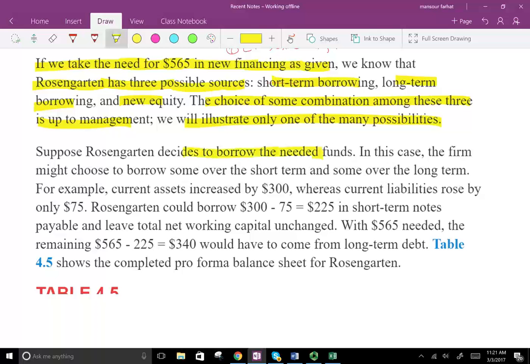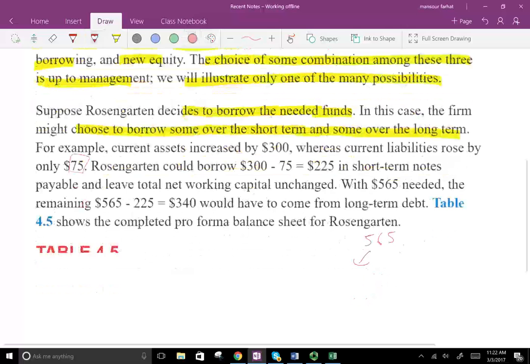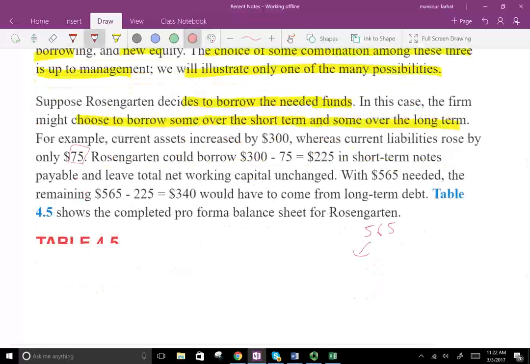Suppose that we decided to borrow the funds needed. We're going to go with 565. In this case, the firm might choose to borrow some over the short term and some over the long term. So we need 565. What are we going to do? For example, current assets increased by 300, whereas current liabilities rose by 75. So we want to borrow 225 from short-term debt.